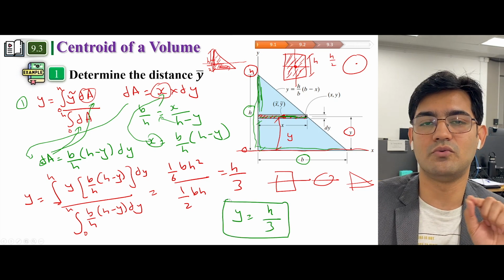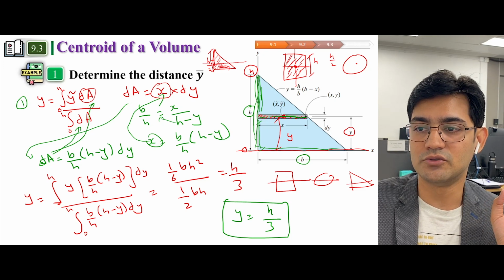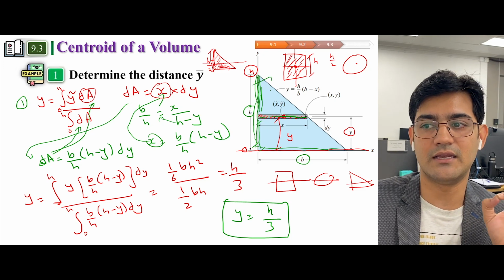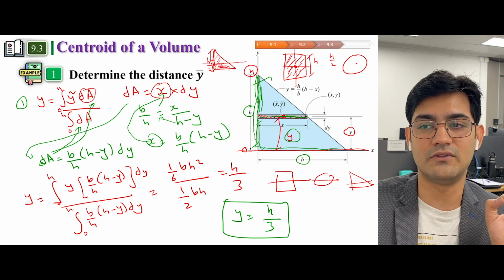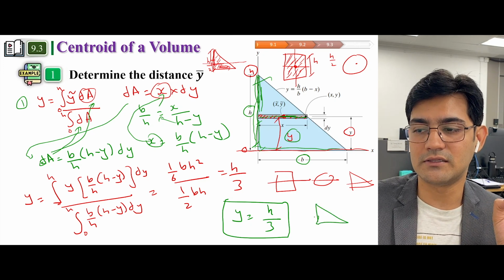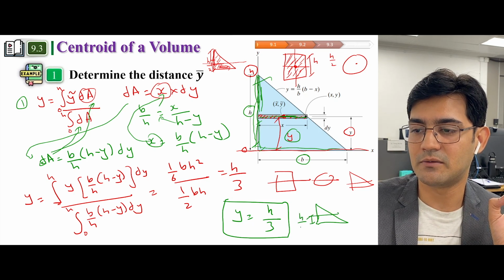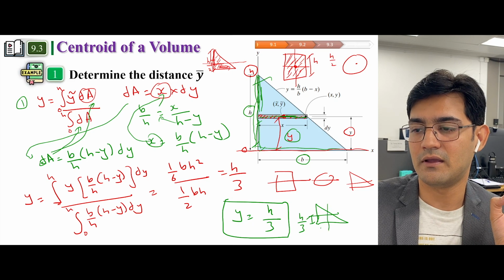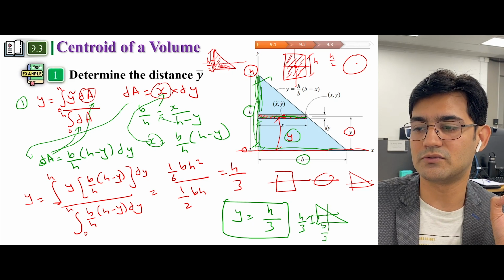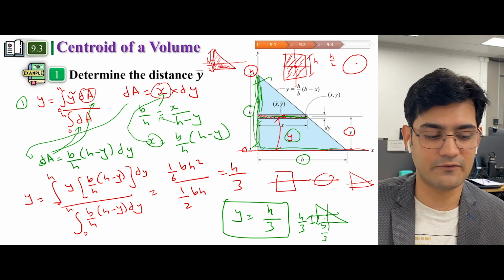This is what you all have to remember. If you know the height of a triangle, you just divide by 3, and then you can calculate the centroid of that triangle. So the centroid of a triangle is always h by 3 from here and b by 3 from here, somewhere here.